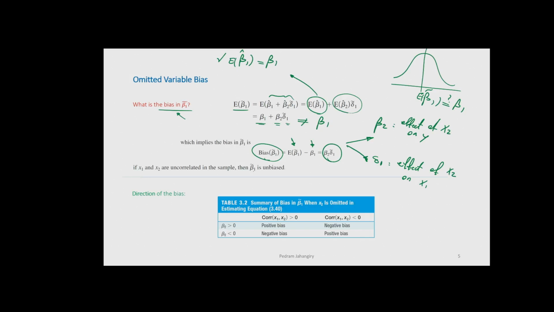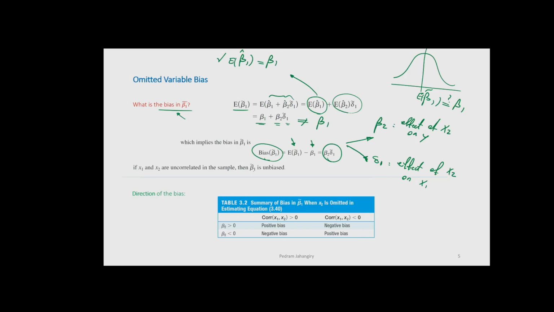We're going to look at a real world example and things are going to make a lot more sense, but bear with me for a second. For instance, if I tell you we're dropping x3 from the model, what will happen to the bias of x2? I will give you some scenarios. What you are expected to know is that you have to be able to calculate the sign of the bias. If I drop x2, is the bias going to be positive or negative?